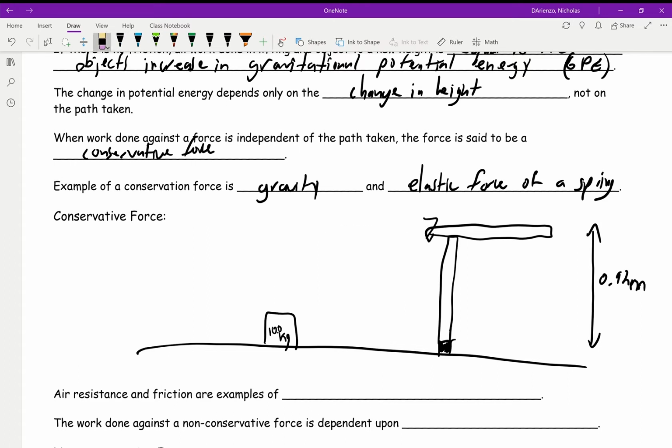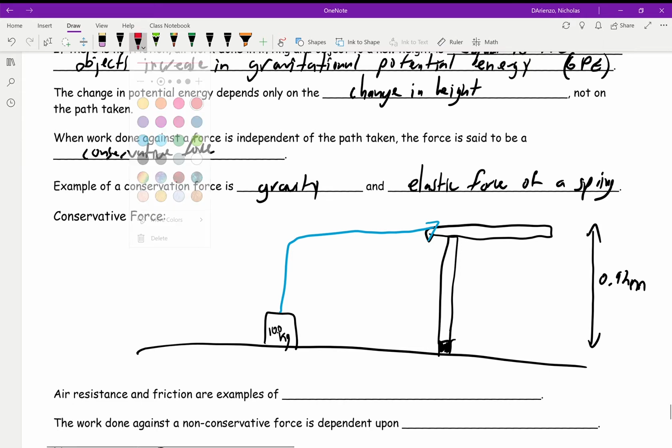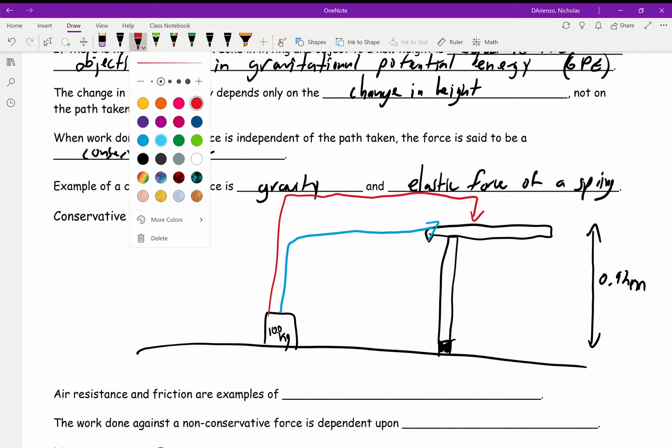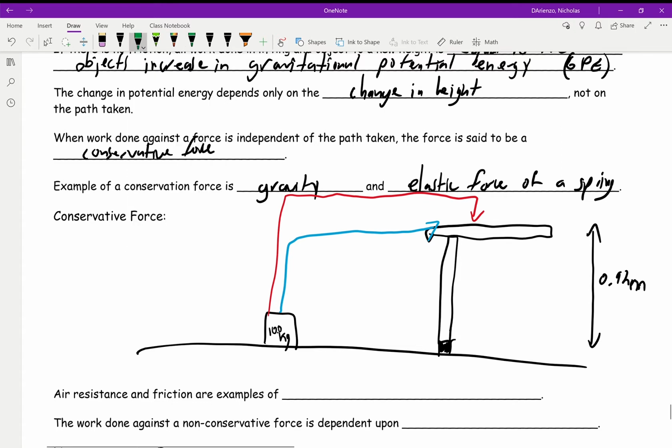I'm going to do this in a different color. We could go like that. We could go even higher, bring it over, set it down. Or we could get fairly creative and put the book up to the top of the table.